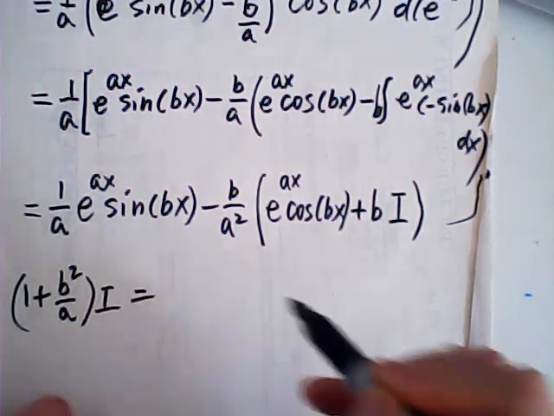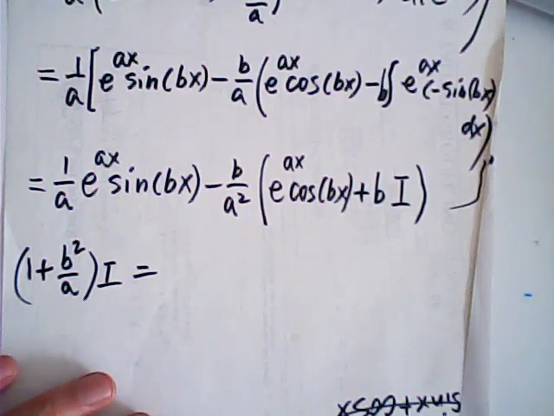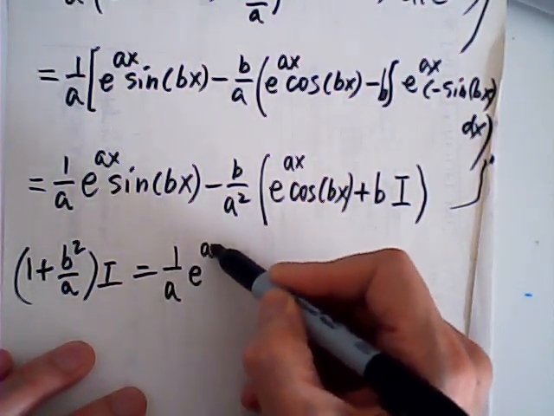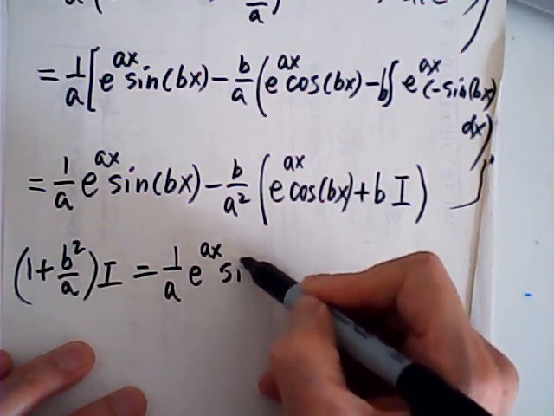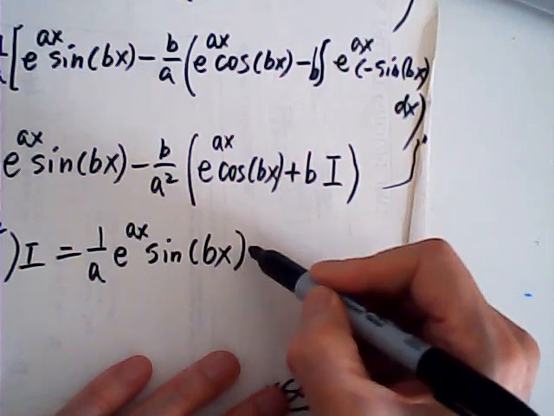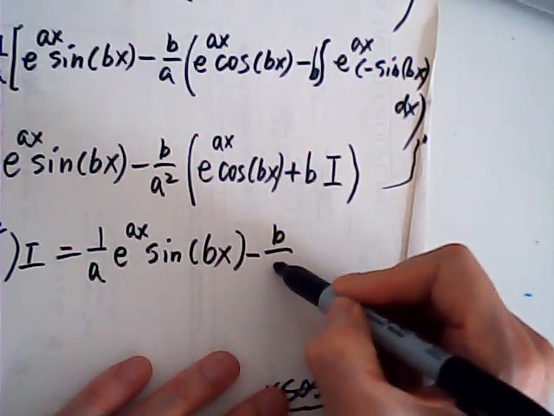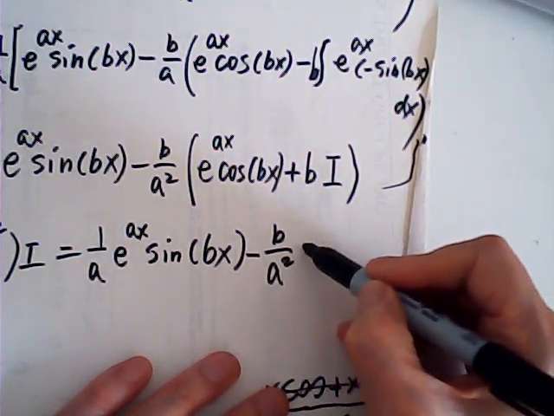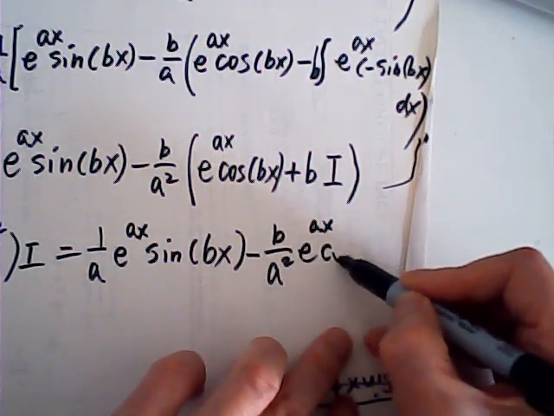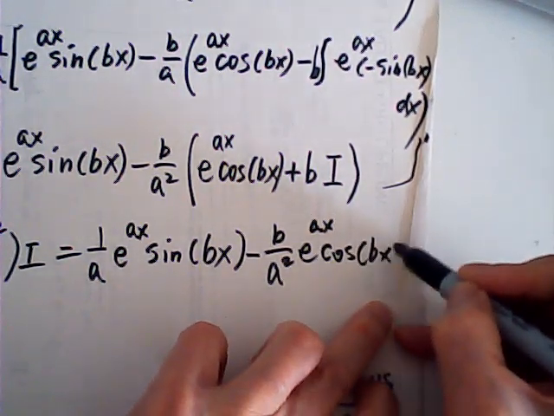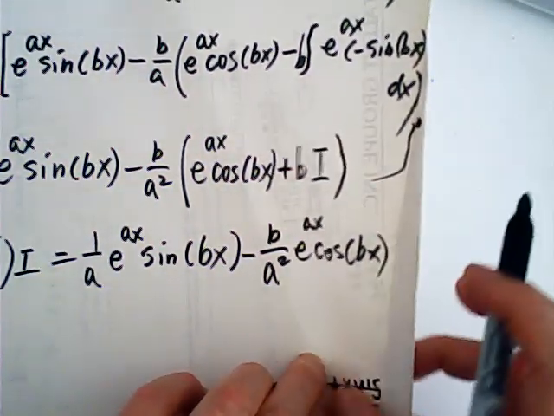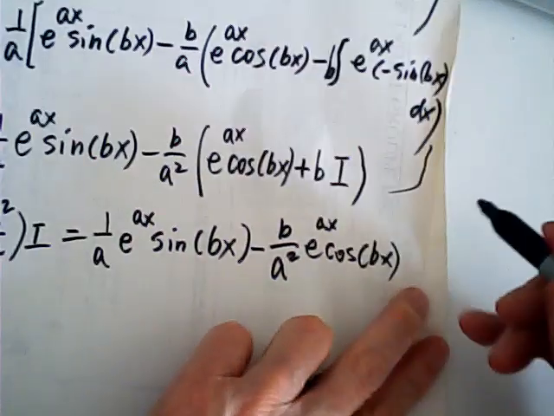I is equal to 1 over a e to the power ax sine bx minus b over a square e to the power ax and the cosine bx, right? Okay, plus c.